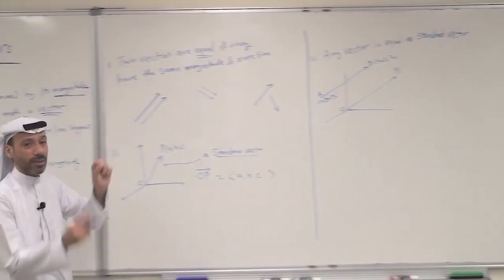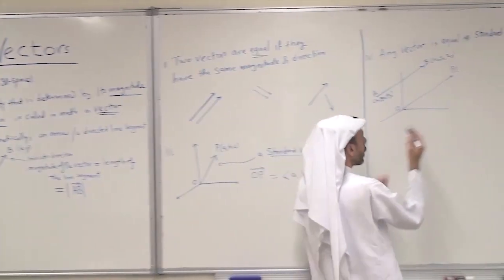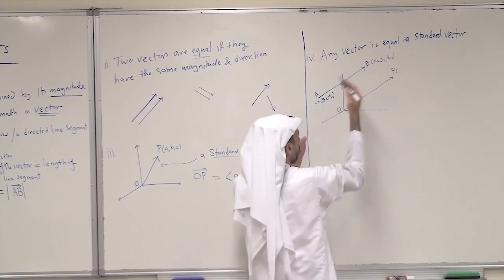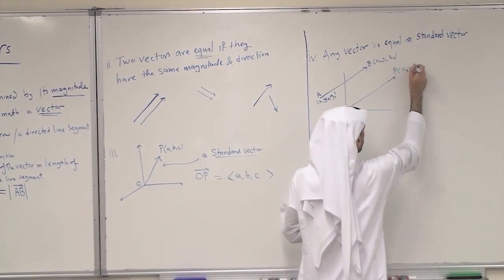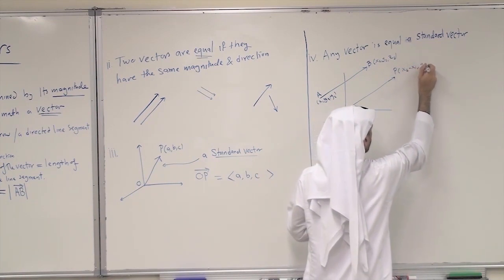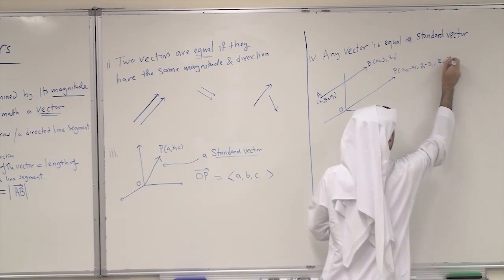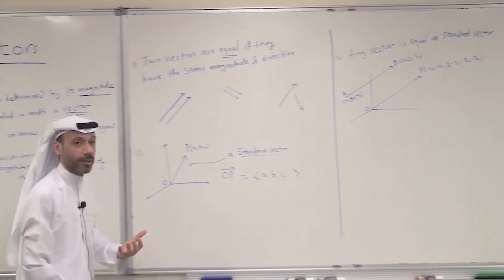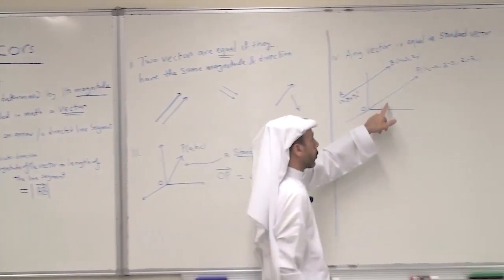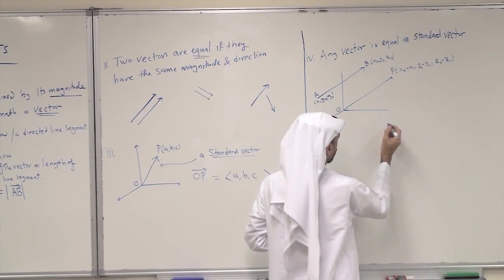Now the question: what are the coordinates of the point P? The coordinates of the point P are just the difference of the coordinates between A and B. So this is x2 minus x1, y2 minus y1, and z2 minus z1. So in this case, the standard vector is OP.